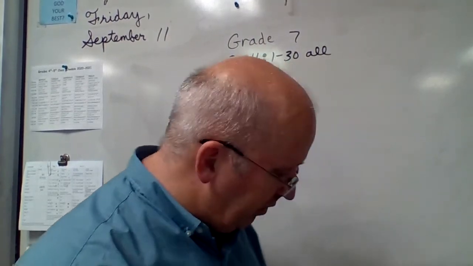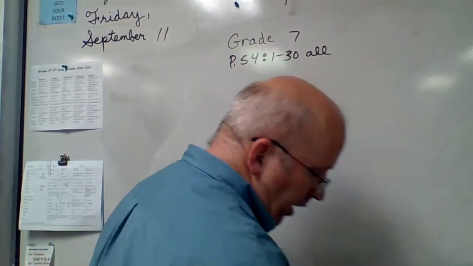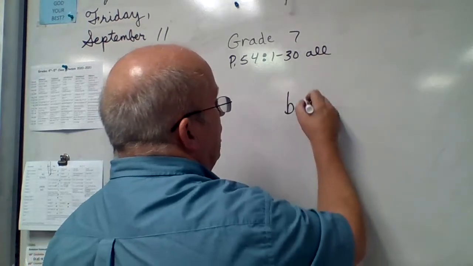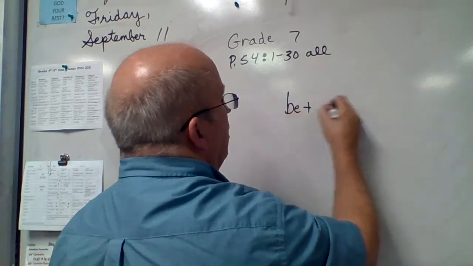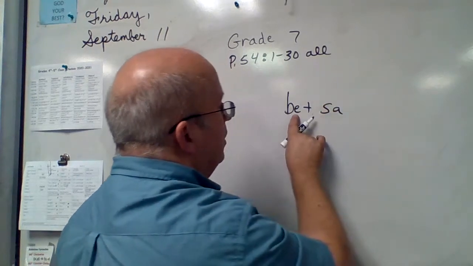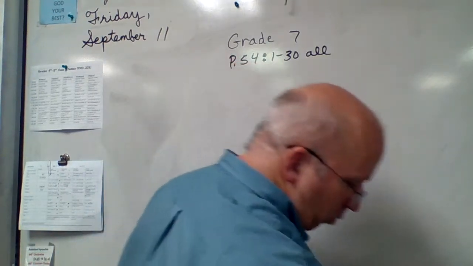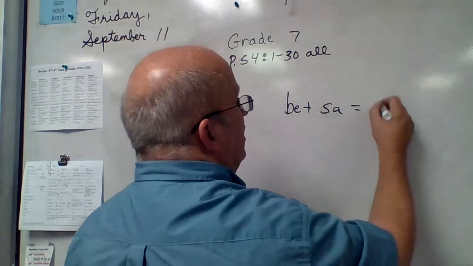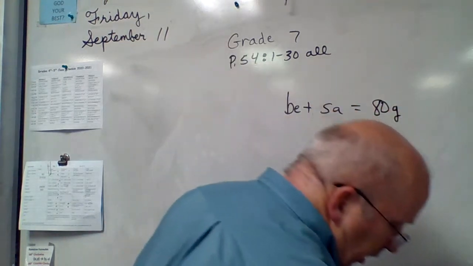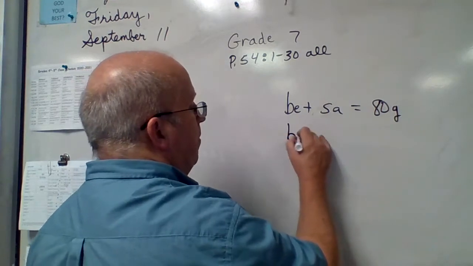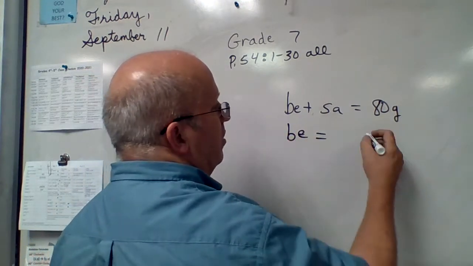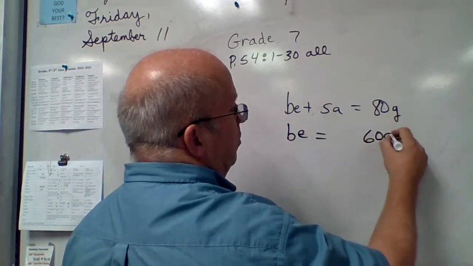And so let's say that the beaker and the salt, B and S, equals about 80 grams. And let's say it also says that the beaker, just the beaker, has a mass of, say, 60 grams.